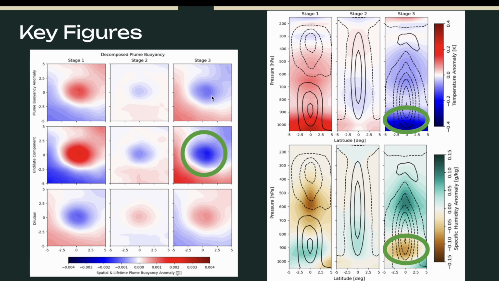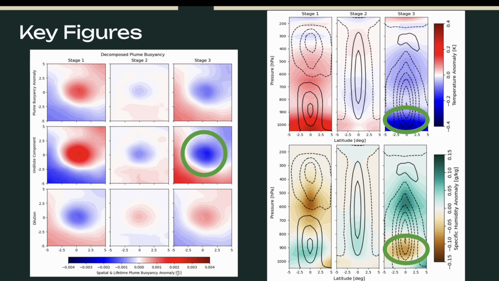This can be seen from the really strong cold and dry anomalies that are observed in the boundary layer, and we can see that the lower free troposphere and the middle free troposphere, so further aloft, above the green circles, are still cool and moist.